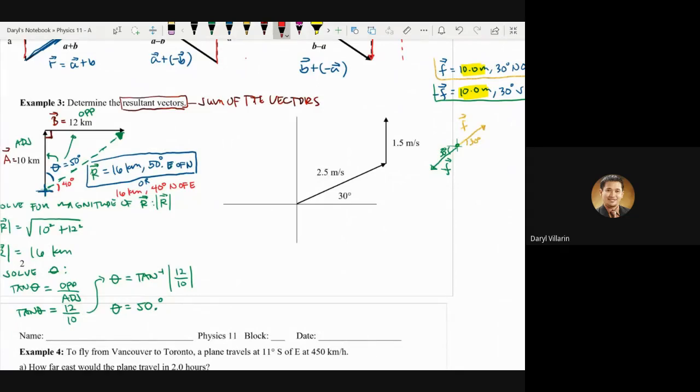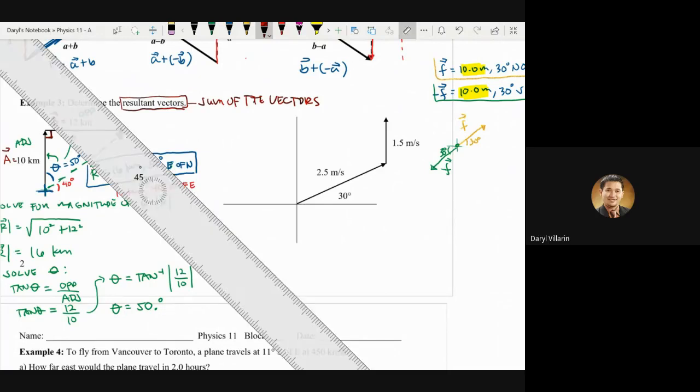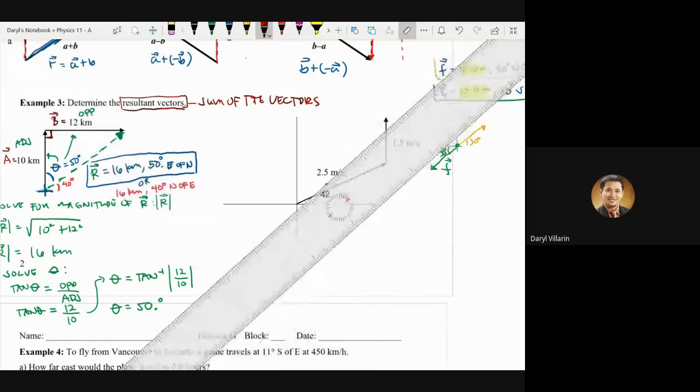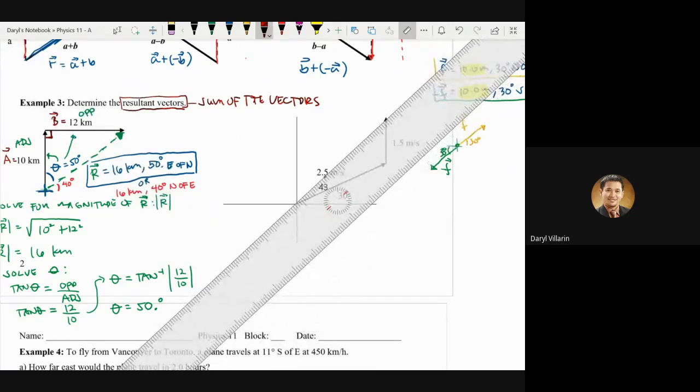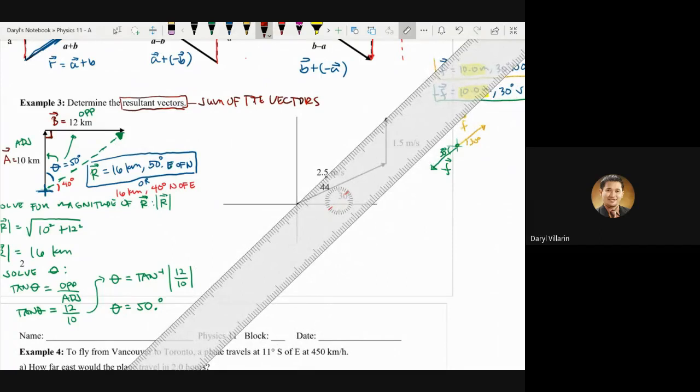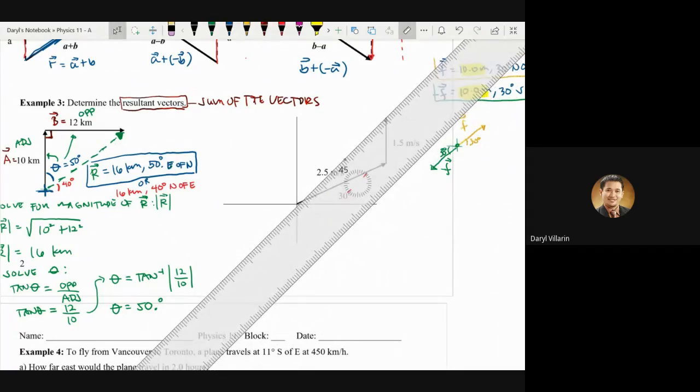Okay, so if I'm going to draw out my resultant vector, the resultant vector is just a straight line connecting the tail of my first vector.